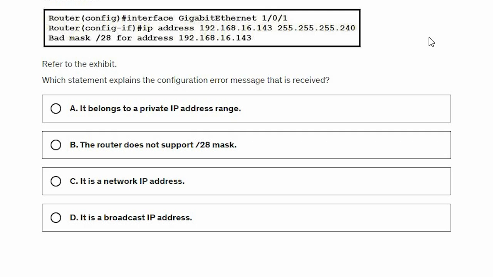Bad mask /28 for address 192.168.16.143. So refer to this scenario. Which statement explains the configuration error message that is received?